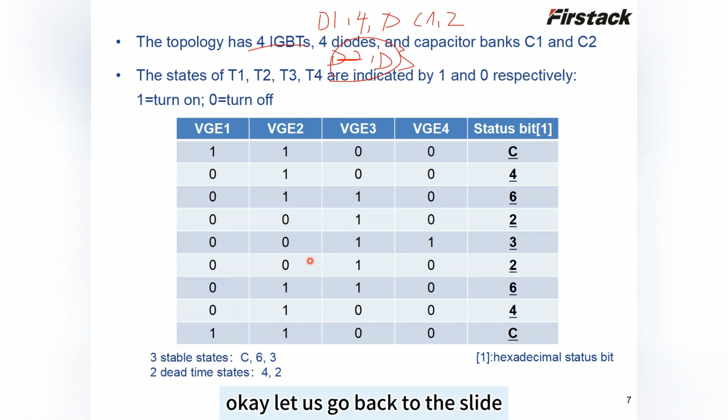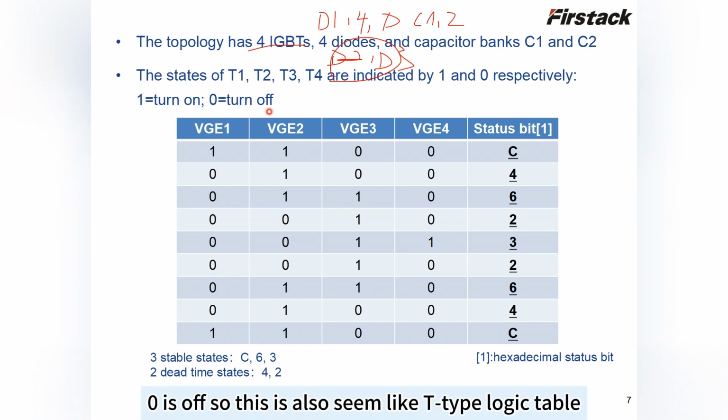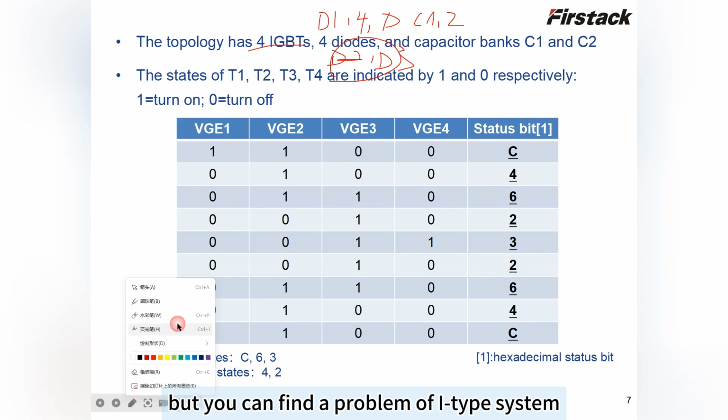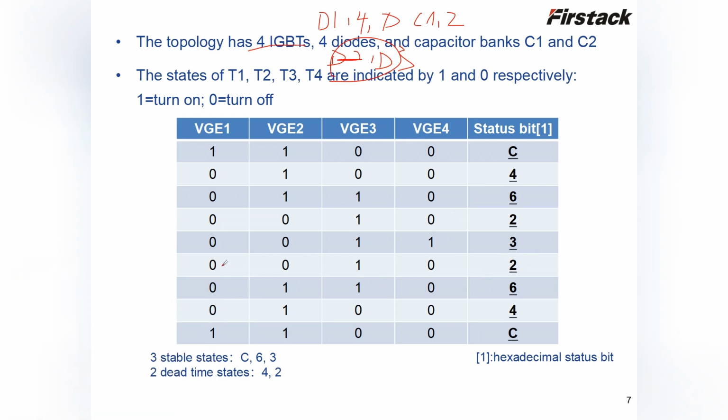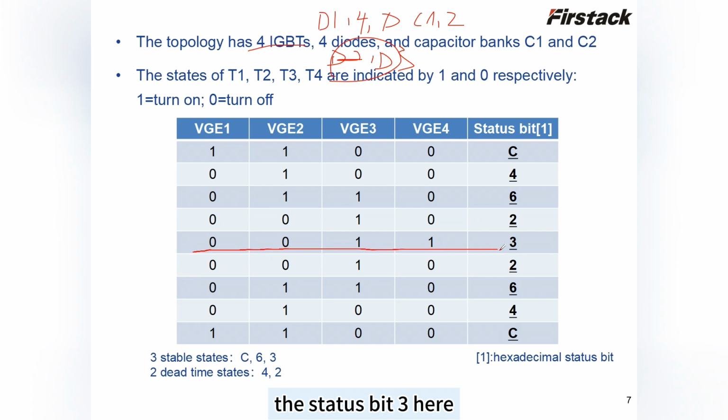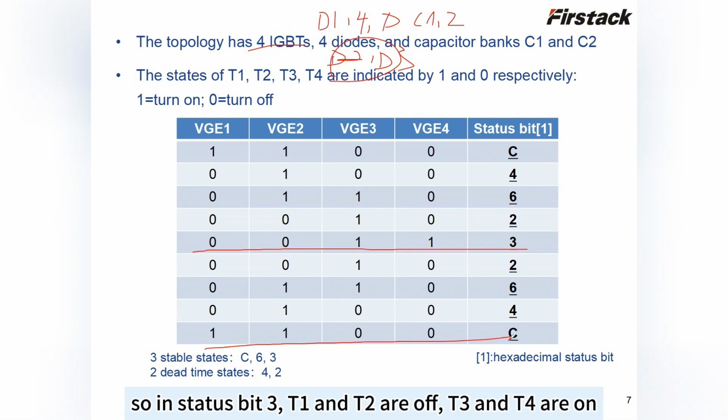Okay, let us go back to this slide. 1 is still turned on, 0 is off. So this is also the same as the T-type logic table. But you can find a problem of the I-type system. Let us think about it. Now we are, for example, in status bit 3, and we want to go to status bit C. In status bit 3, T1 and T2 are off, T3 and T4 are on.